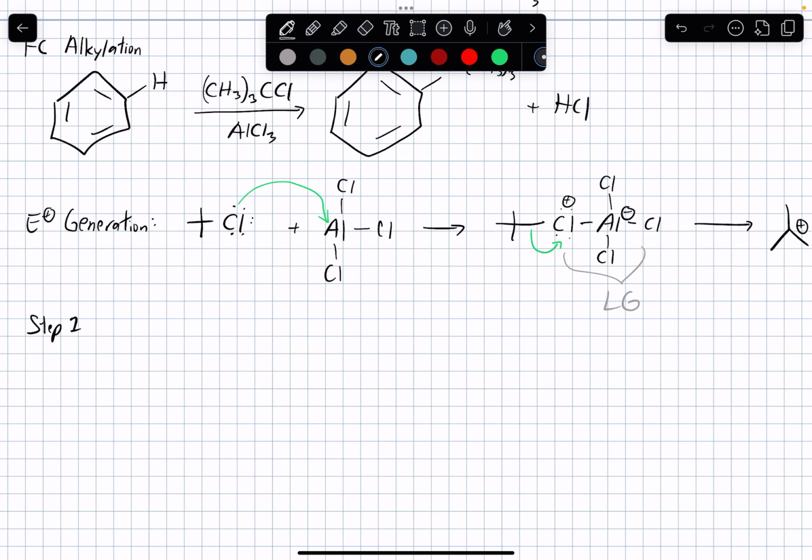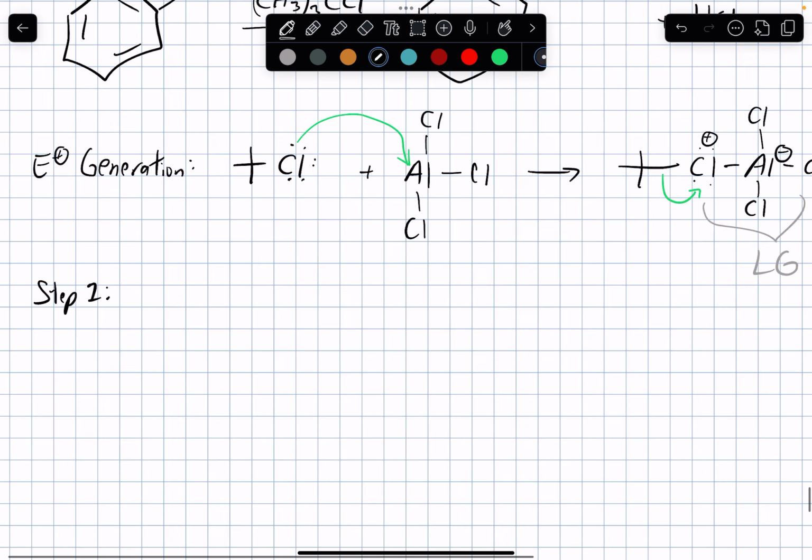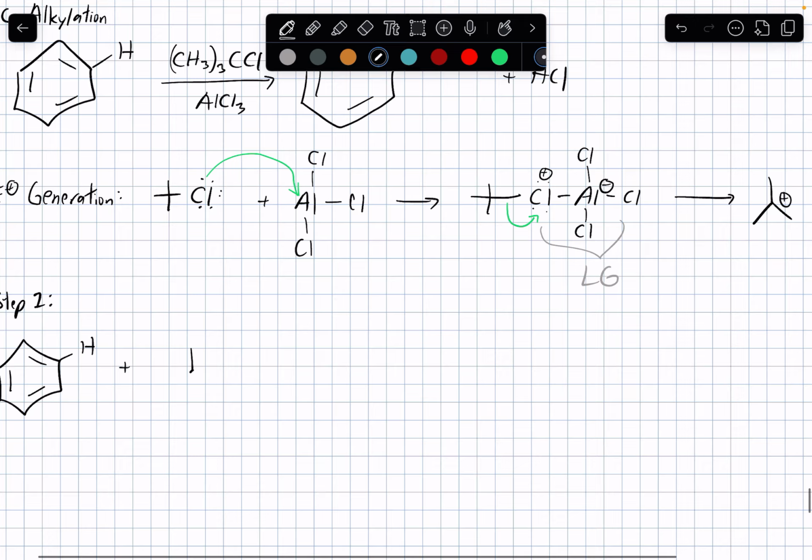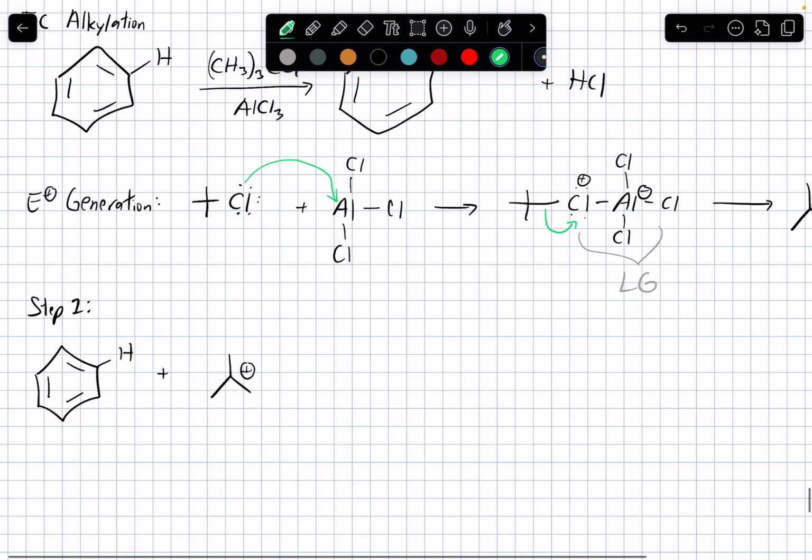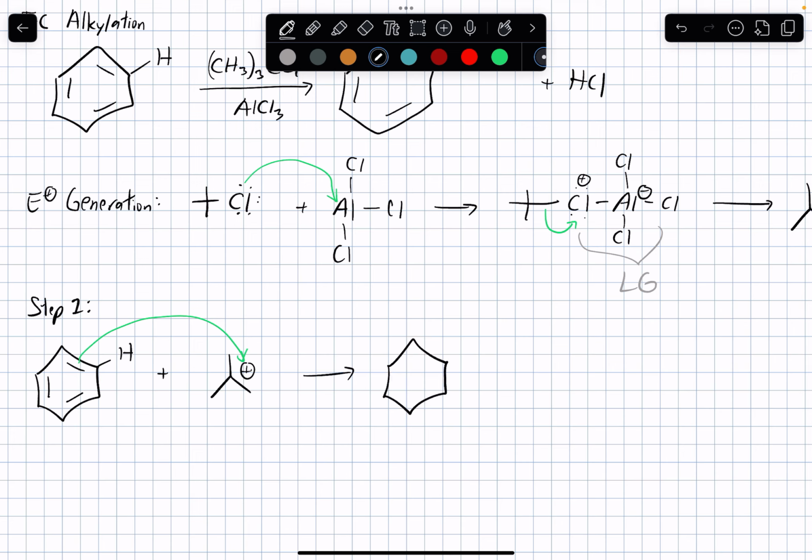Okay. So step 1, generation of the arenium ion. The benzene is going to attack the electrophile. Again, what's our electrophile? This carbocation. There you go. And then it's like that.